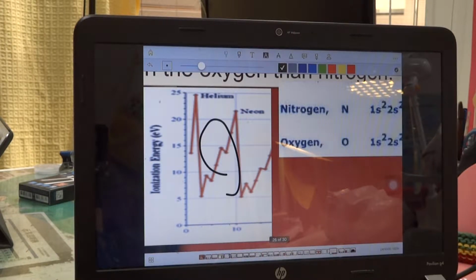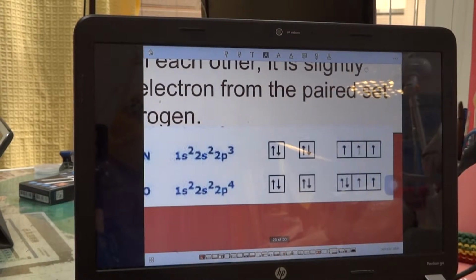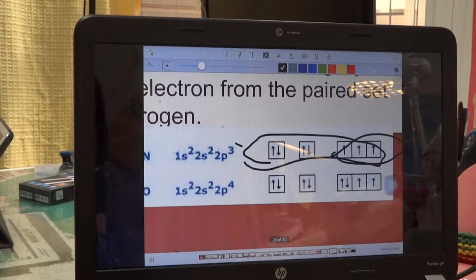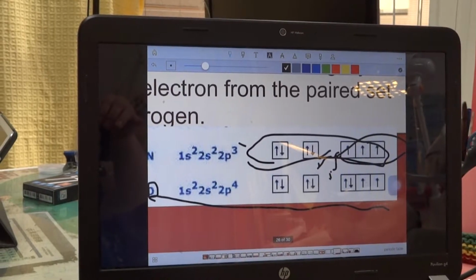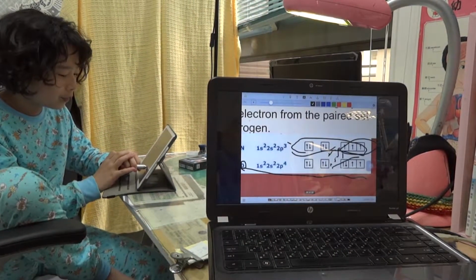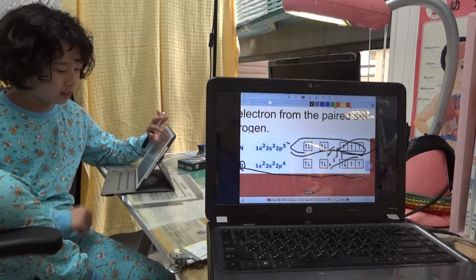First we see this picture. Now, when it comes to oxygen, a more electron is added to the nitrogen configuration. No one wants to share an orbital with extra electrons, so the paired electrons repel each other. So it's easy to take away an electron. That's why it suddenly drops.